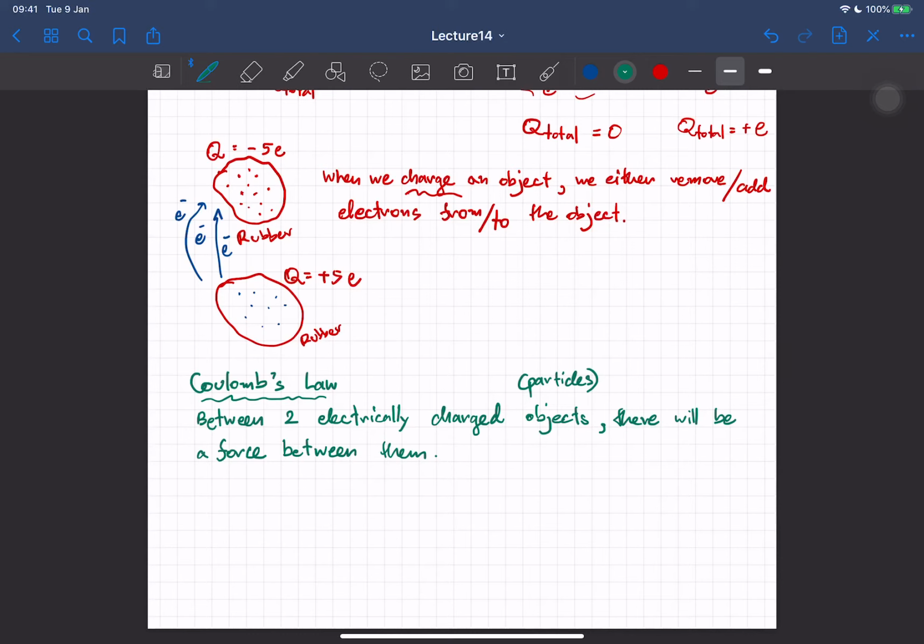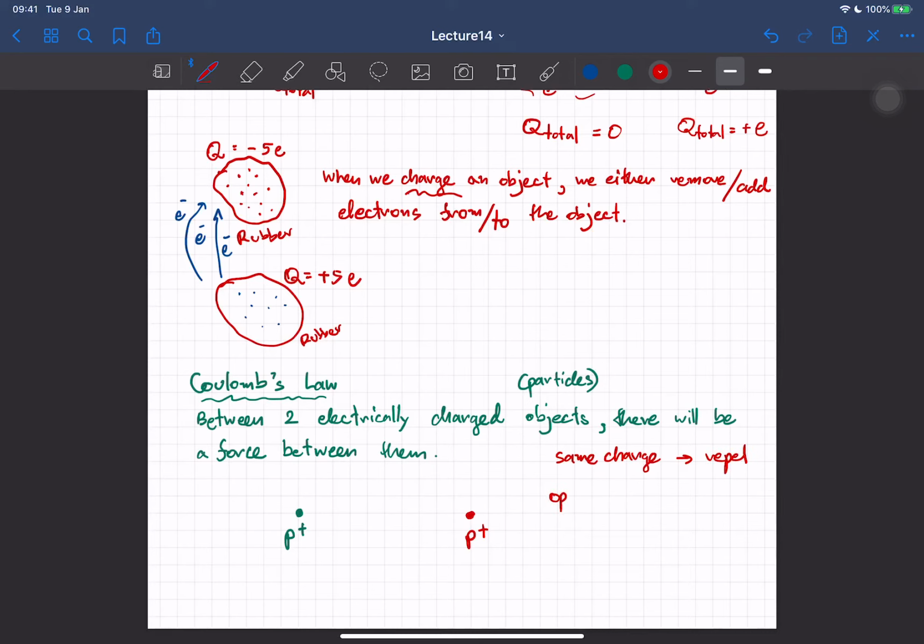So let's take one proton here and another proton here. These are two particles and they have some charge, right? They are not electrically neutral. We know that already. And there will be a force between them. And what we found is that if you have the same charge, they will repel.